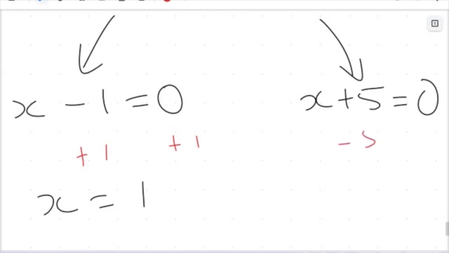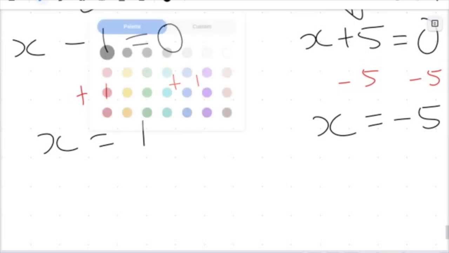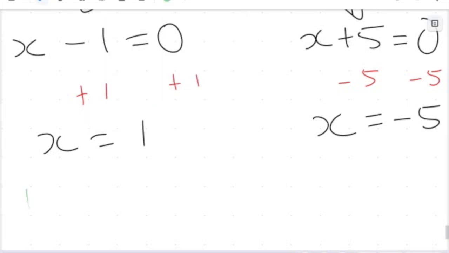I can find a solution to this equation by just subtracting 5 from each side, and I wind up with x = −5 here. So these two are my solutions.